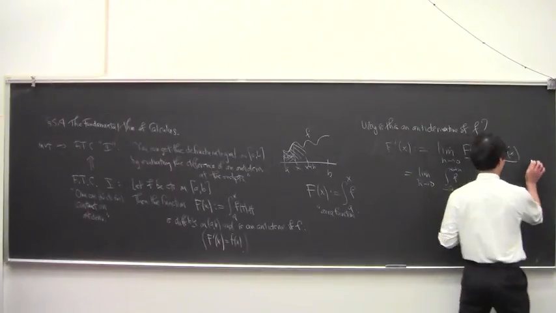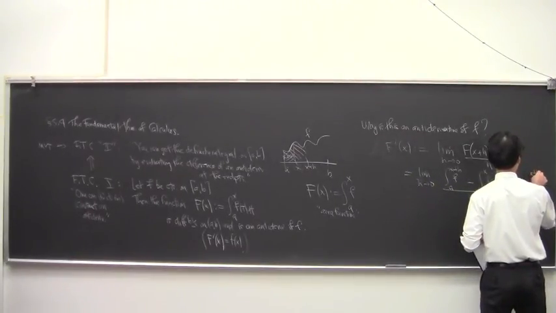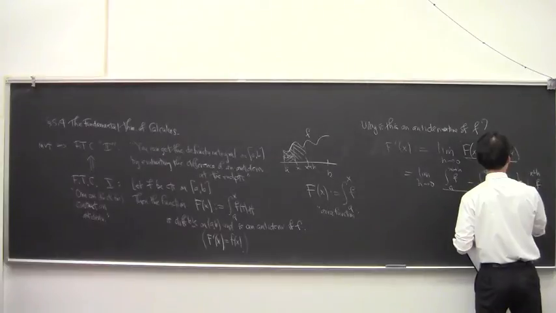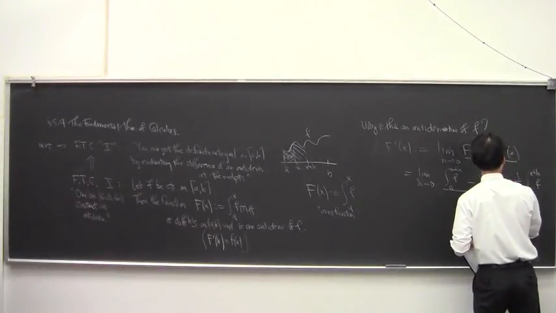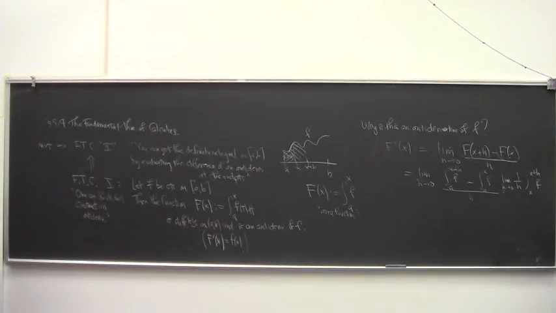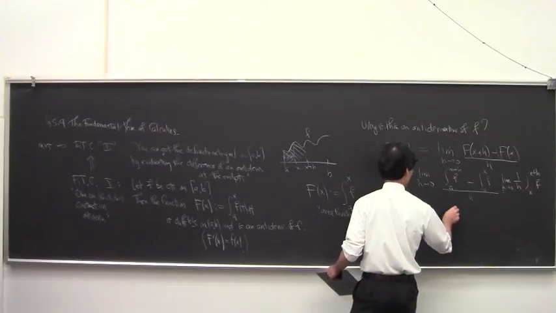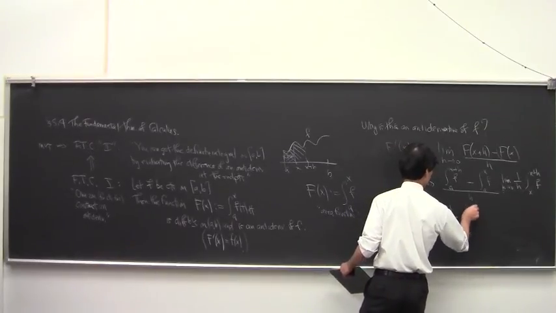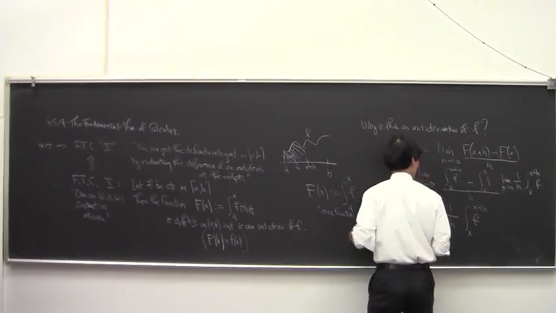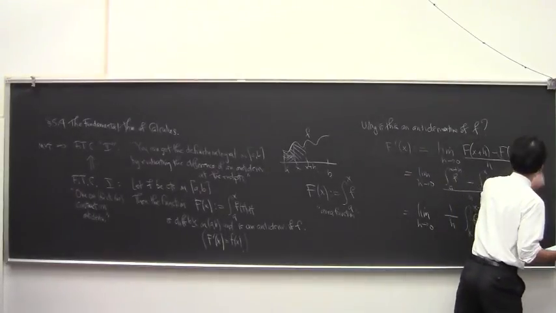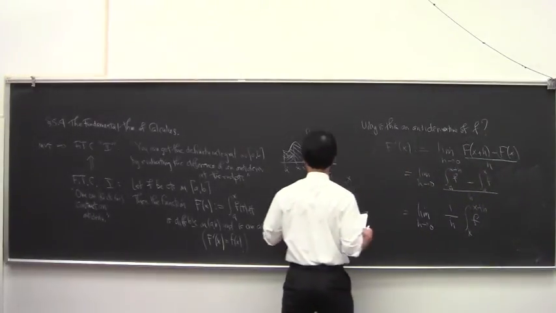Okay, so we get the integral from x to x plus h of f, and divide the whole thing by h as h goes to 0. The limit as h goes to 0 of 1 over h times the integral of little f from x to x plus h.